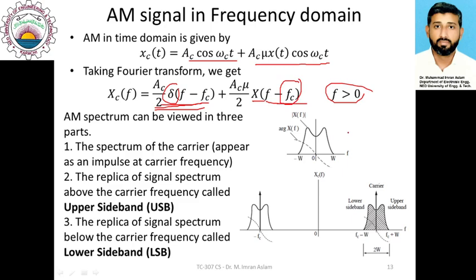So graphically, if you want to show the transform, this is the transform of the signal x(t). You can see that the signal is band limited with the bandwidth of W. So the spectrum of the signal extends from 0 to W hertz.